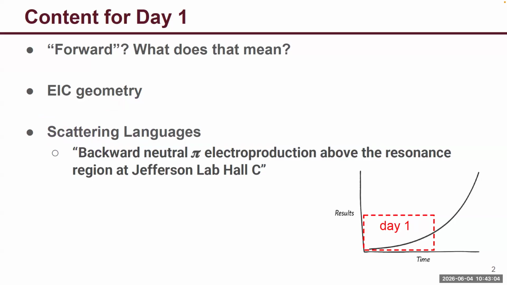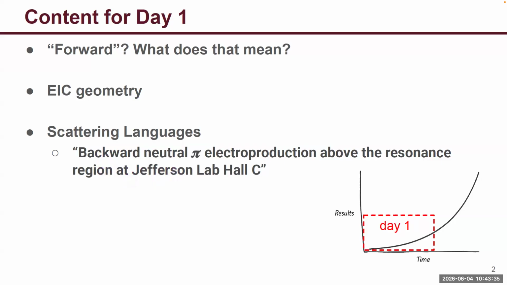I know that some of you have been asking my student Zakia, hey, what is your project? Whatever she said, this should be her project. It is called the backward angle neutral pion electroproduction above the resonance region at Jefferson Lab Hall C. Many of you look at this and go, I have no idea what this means.